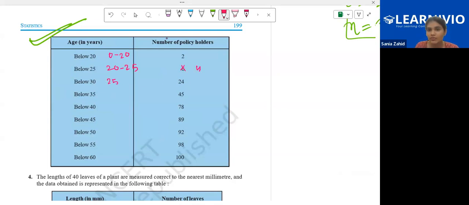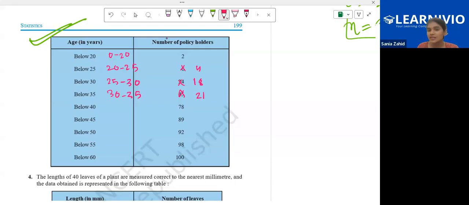Then from 25 to 30, you will again subtract 6, 24 minus 6 you will do. So you get 18. Then you do 30 to 35. Then you again subtract 45 minus 24. You get 21. Then again you subtract. So this is how you're going to change all the values. You change all the frequencies also.